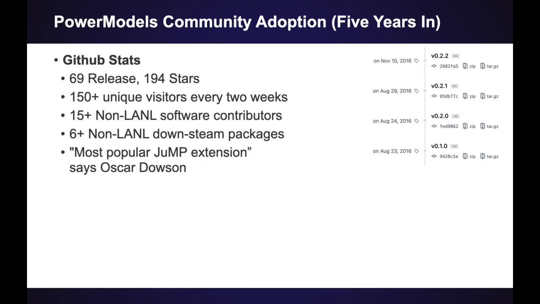Oscar had done a survey of different downstream packages, and he told me that it's okay to claim that Power Models at this time is the most popular JuMP extension because of how many stars and other metrics it has. I recommend you talk to him about exactly how this is calculated, but I'll happily take that accolade.